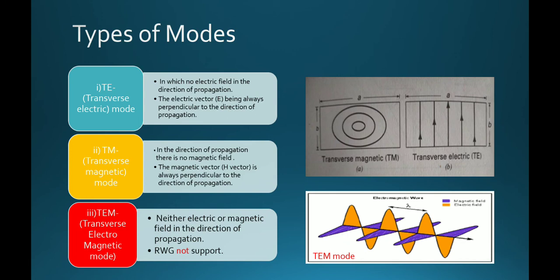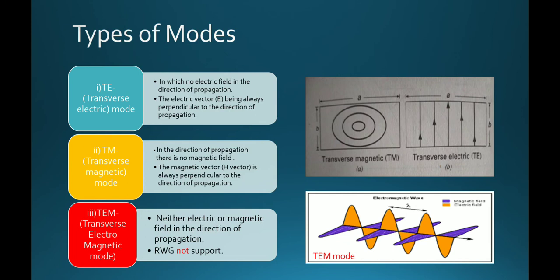The second one, transverse magnetic mode, which is also called E mode by Europeans. In this mode, there is no magnetic field in the direction of propagation, but it is perpendicular to the direction of propagation.